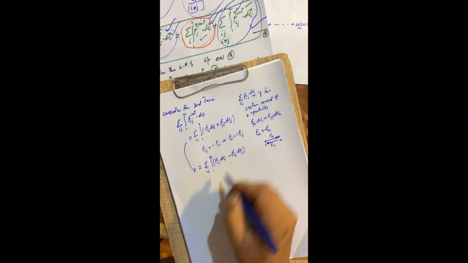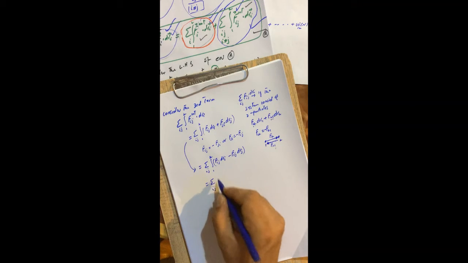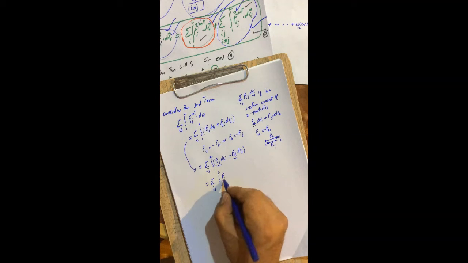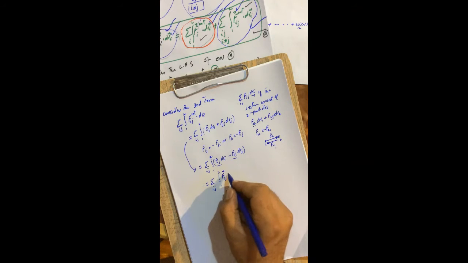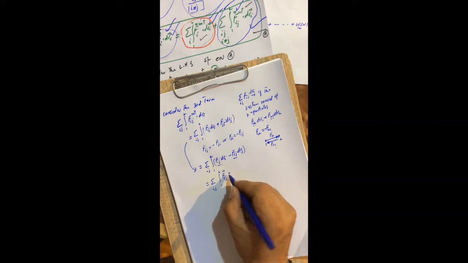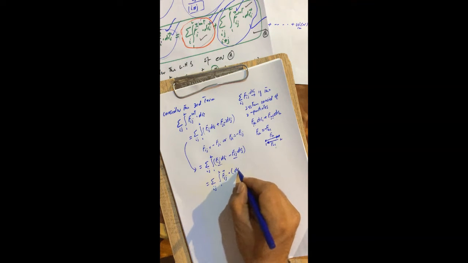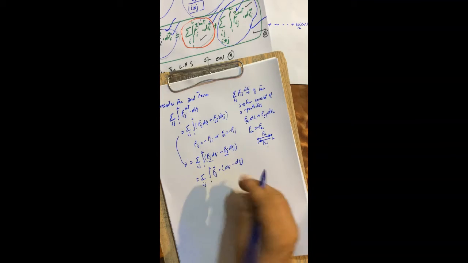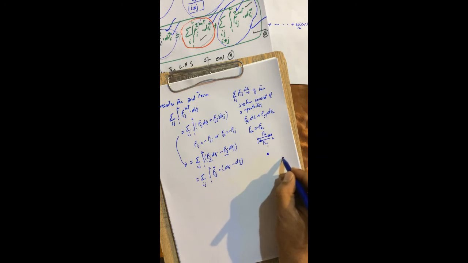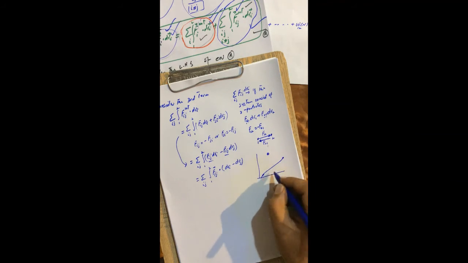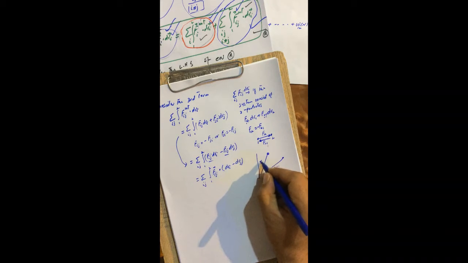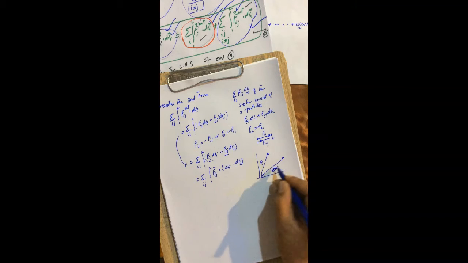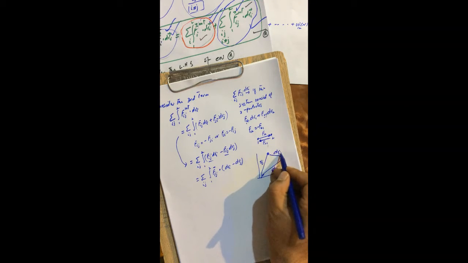Now this can be written like this: sum over ij integral from 1 to 2. Fij is common here, so I take it common, and there is a dot product also. Then we are left with dri minus drj. If we have two particles with respect to some origin, one at ri and the other at rj, then this will be drij.